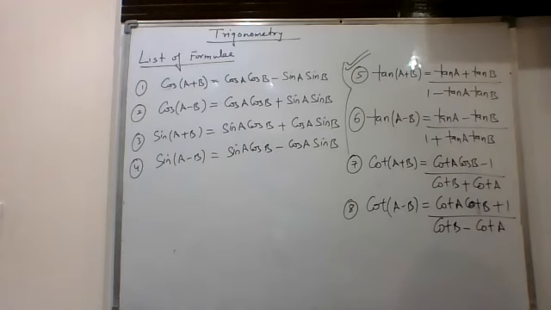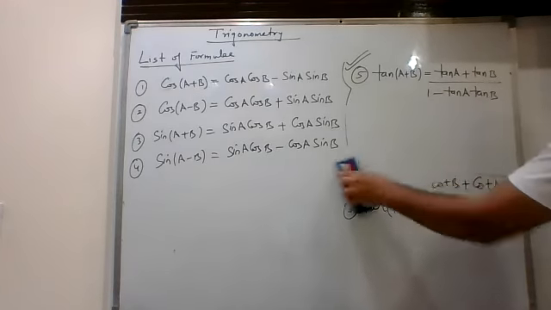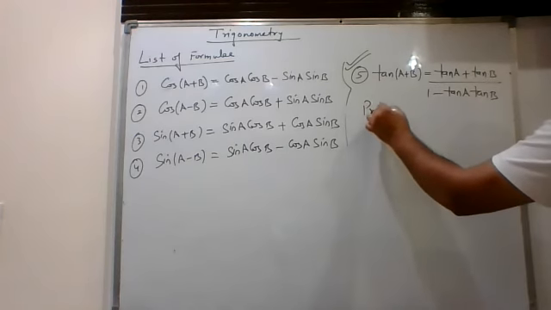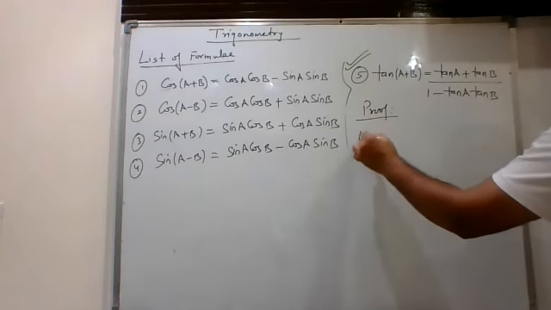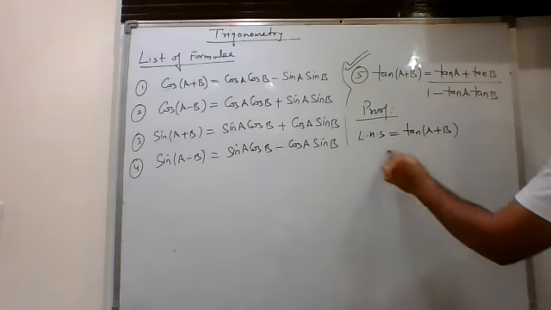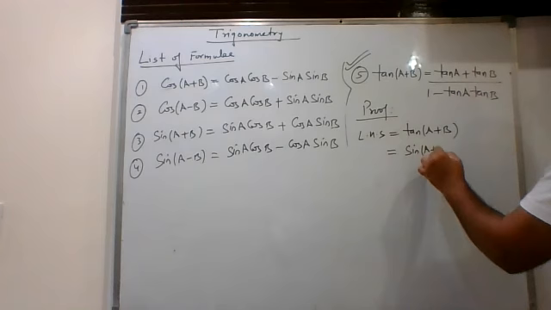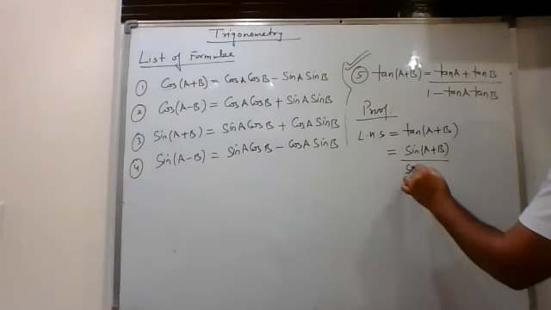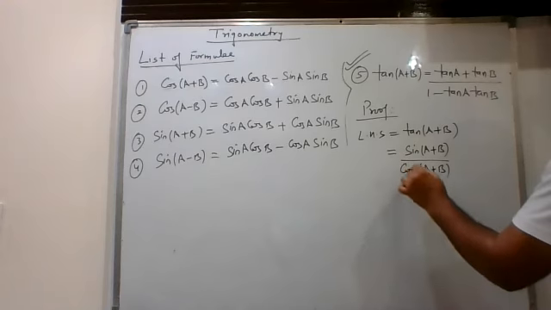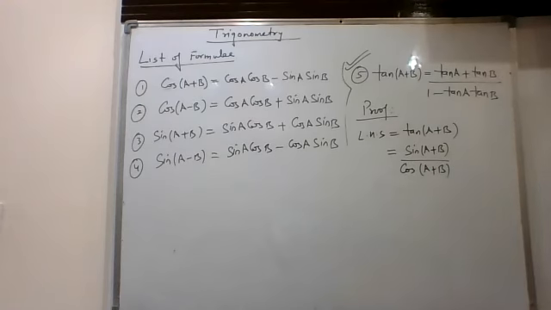Okay, now let me tell you how to prove this fifth formula using these first 4 formulas. The left hand side is tan(A+B). Now tan(A+B) can be written as sin(A+B) upon cos(A+B).